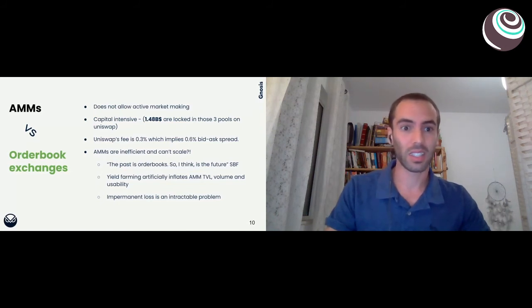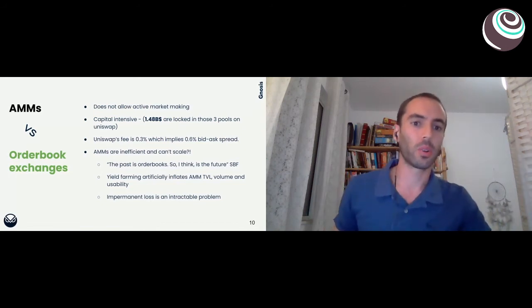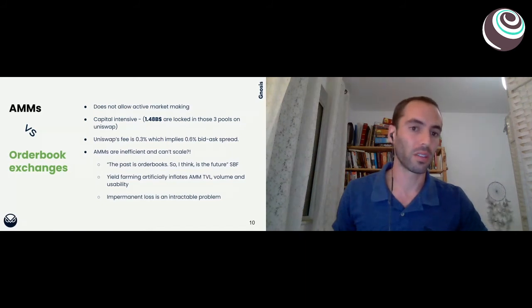AMM critiques would say that AMMs are inefficient and they can't scale. For example, someone from Alameda said that the past is order book, and so he thinks the future. And yield farming artificially inflated the total value locked into the pools, and thus volumes and usability increased, but they claim it's not sustainable long term.